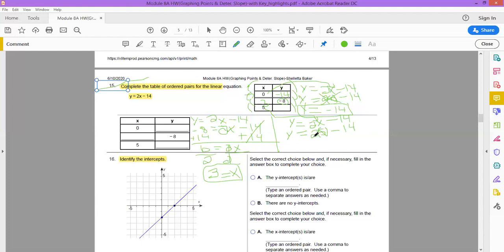We'll simplify this. So y equals 2 times 5, or 10, minus 14. And 10 minus 14 is negative 4. That's your y coordinate. All right, so now we're done.